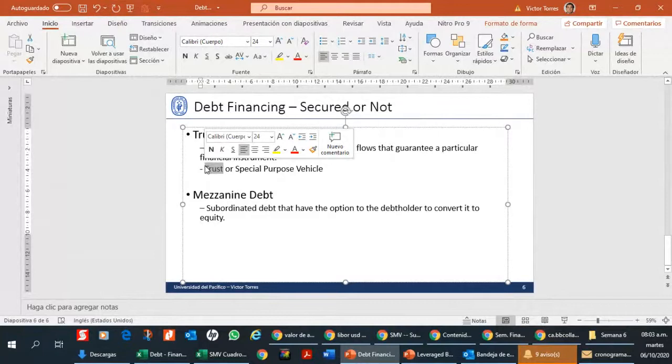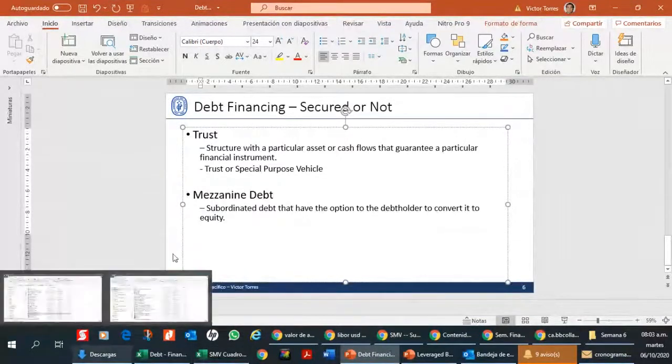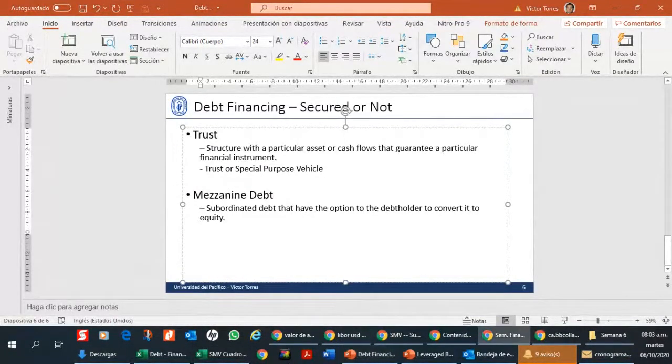Special purpose vehicles are structures that you can create to put some assets and issue debt as a counterpart of that particular structure.